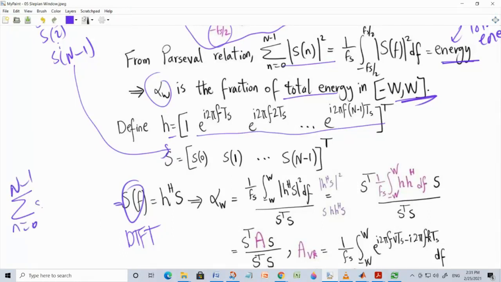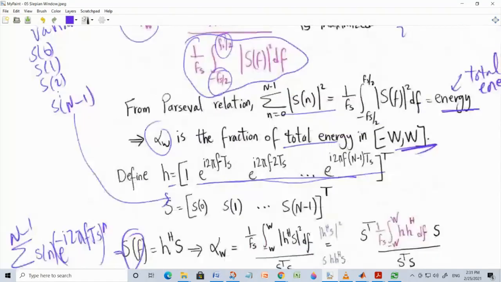Outside that it is 0, and so it's the sum of s_n e^(-i2πf n Ts). So you can basically rewrite the DTFT as H Hermitian, the Hermitian of the vector H, multiplied by S, and this is exactly the summation for the DTFT.